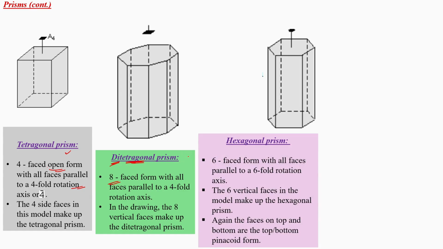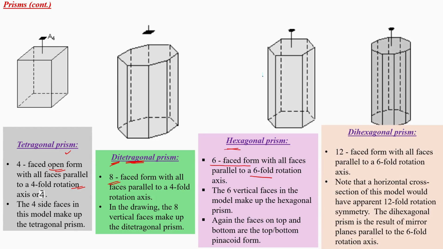Similarly, this is another form called hexagonal prism, and hexagonal means 6 similar faces that are parallel to the six-fold rotation axis. That we know, the six-fold rotation axis is the vertical axis in the hexagonal system. And again we use another term called dihexagonal.